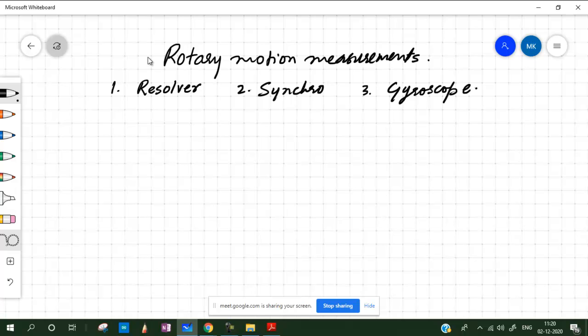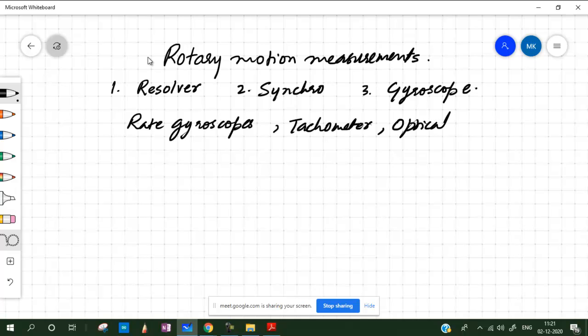All right, so this is about displacement, and in the velocity part we will also discuss rate gyroscopes, maybe the tachometer, and maybe optical gyroscopes. So this is for the velocity, and this is for the position.